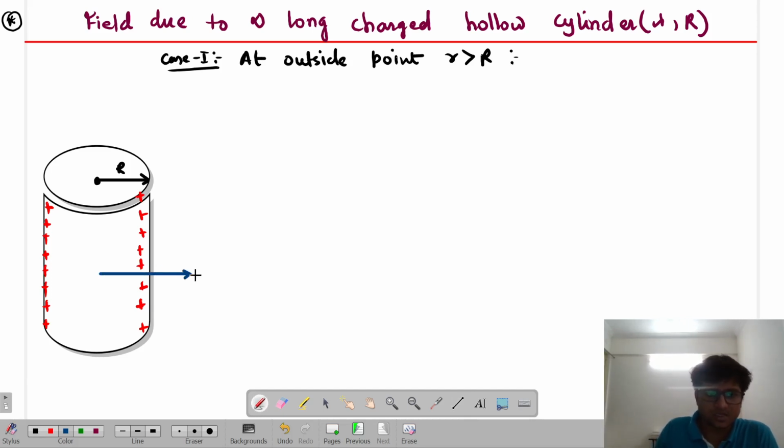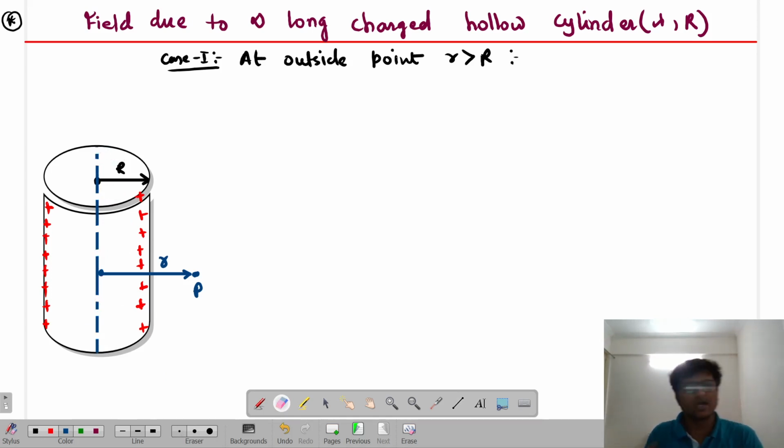If I consider an external point P where r is greater than capital R, what kind of Gaussian surface should I make? Without a Gaussian surface, can we apply Gauss law? No.